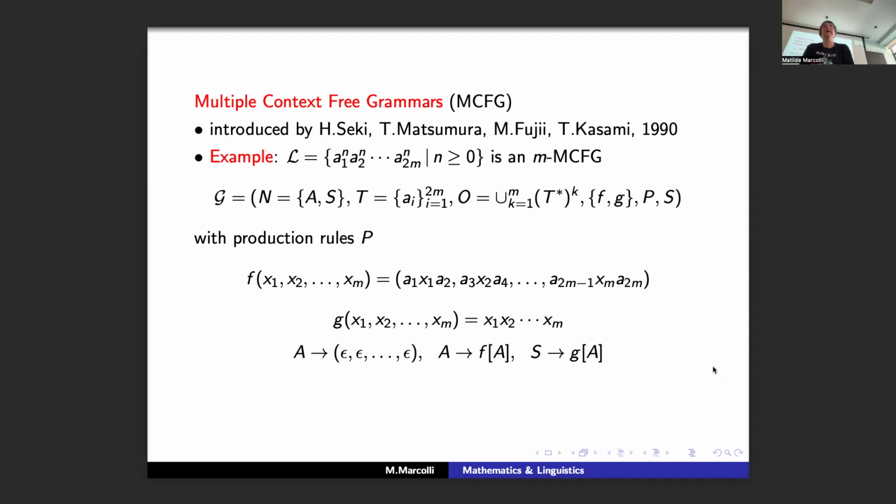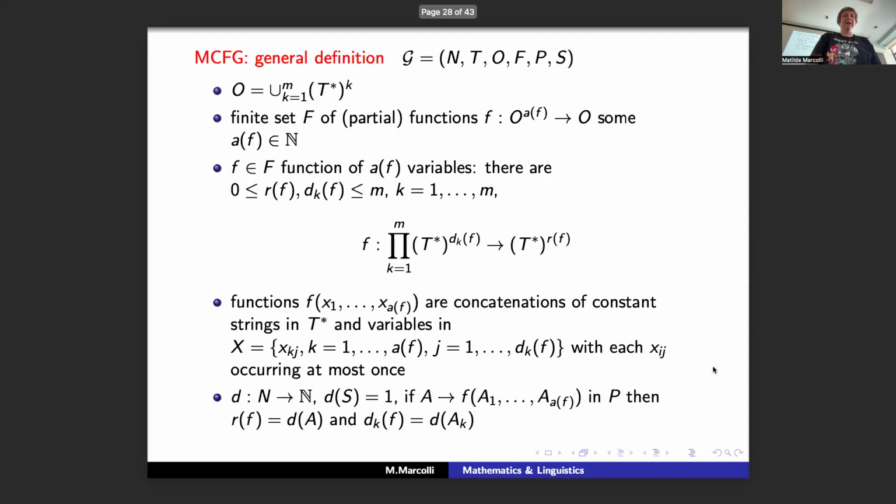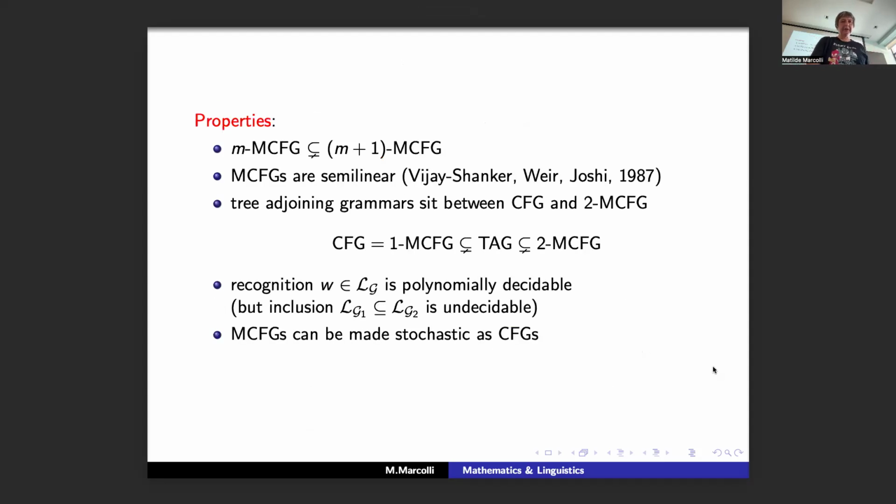So it's like having a vector of context-free grammars at the same time. The production rules would be like for context-free grammars, but now you also have composition of functions on these vectors that can combine some of them together. This class was one of the things people were looking at for generalizing the context-free class, but not generalizing it too much. It's related to the tree adjoining grammars.